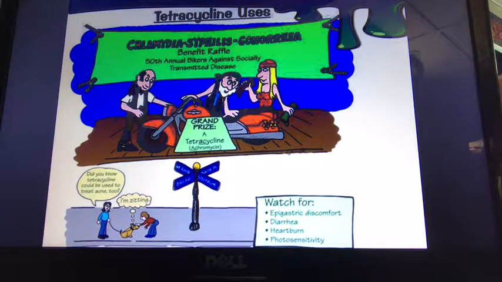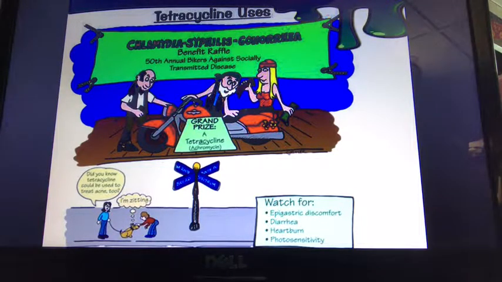This one should not be taken with any kind of milk because that decreases its ability to absorb inside the body. It also has a possibility to stain the teeth if it's in an oral liquid form. So it could stain the teeth yellow, gray, or brown. And that's something that you really need to teach your patients, especially if you're giving this to a child or somebody who is just having brand new, very pliable teeth.